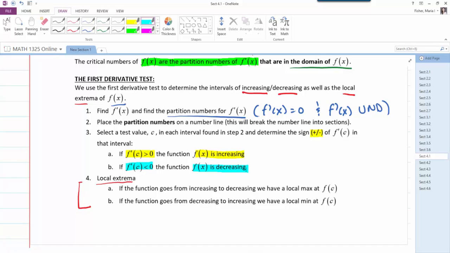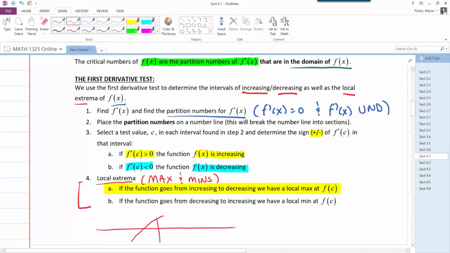So local extrema is extreme values, so maximums and minimums. So we say that if a function goes from increasing to decreasing, you have what's known as a local max.